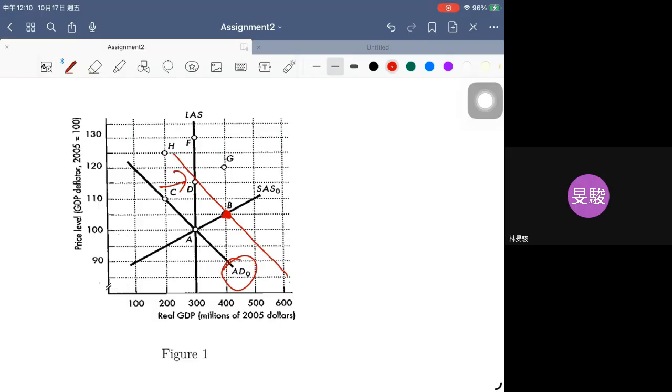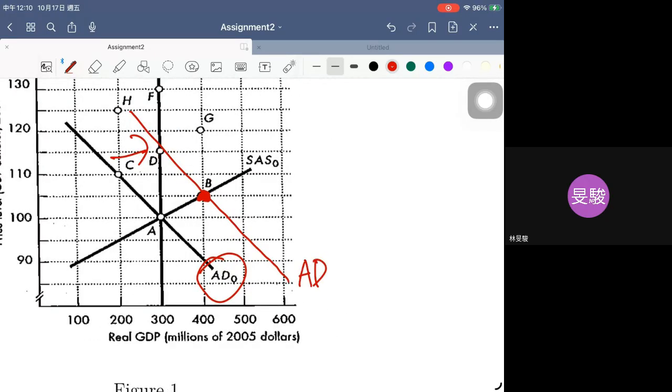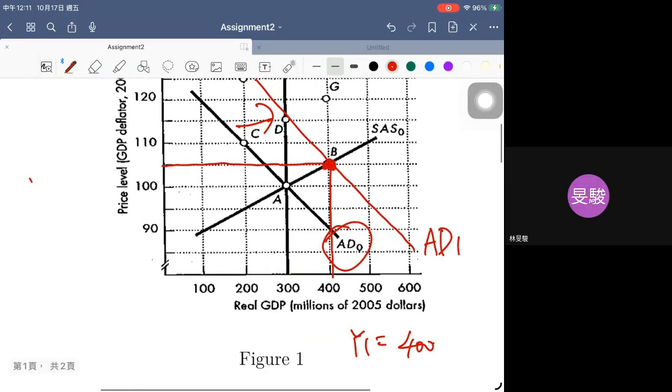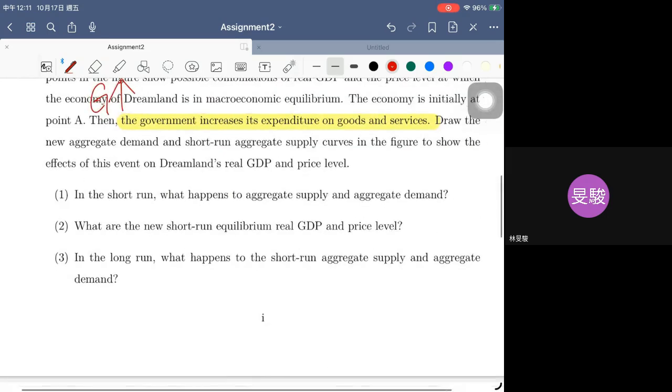The new short-run equilibrium is determined by the intersection of AD1 and SAS0, denoted as point B. At this point, the equilibrium output and price level are Y1 equal to 400 and P1, the price level, equal to 105 respectively. That is question number two.